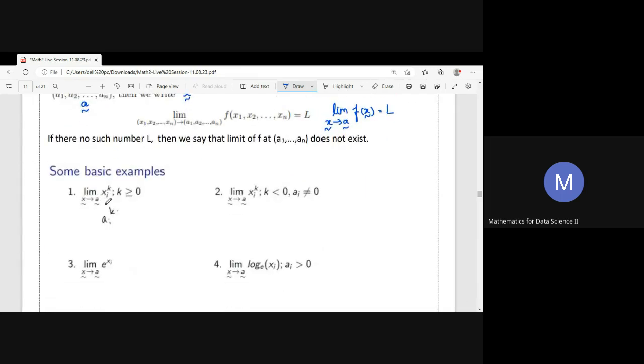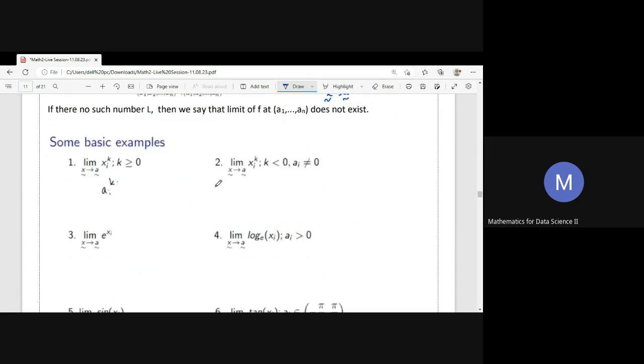So here, for example, they are considering only one particular coordinate. All these things they are considering only for one particular i value. Maybe it can be x1 power k or x2 power k or anything. So let us say your x tilde is equal to x1 comma x2.